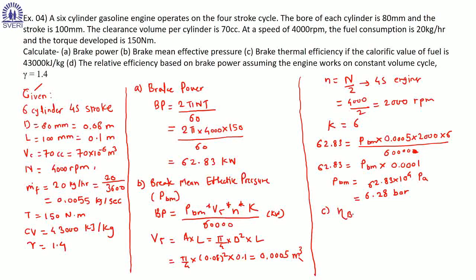The formula for brake thermal efficiency is brake power divided by mass flow rate of fuel into calorific value. So this will be equal to brake power, which we have calculated as 62.83, divided by the mass flow rate of fuel, which is given as 0.0055, into calorific value, which is given as 43,000.